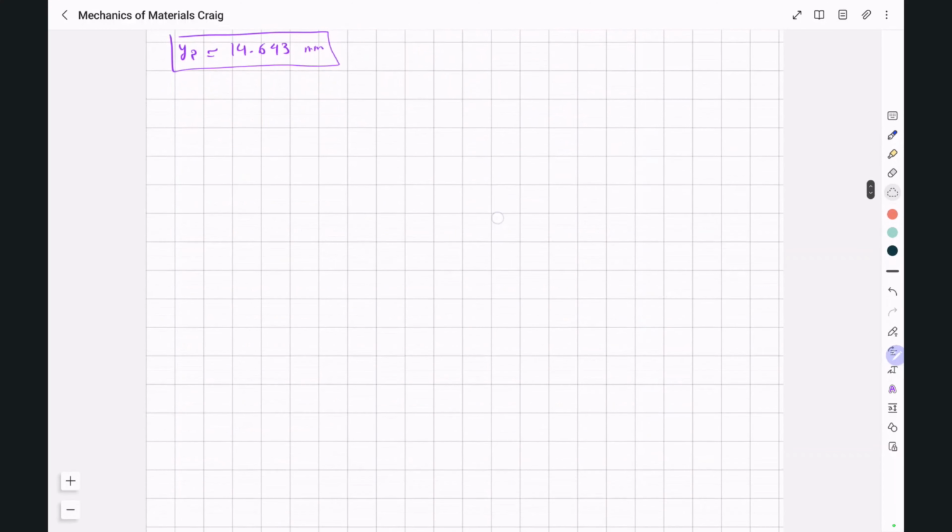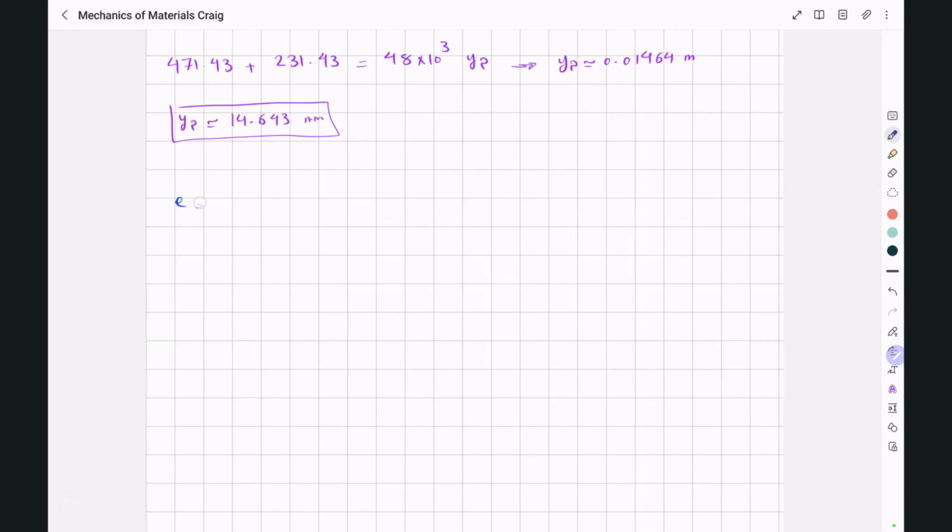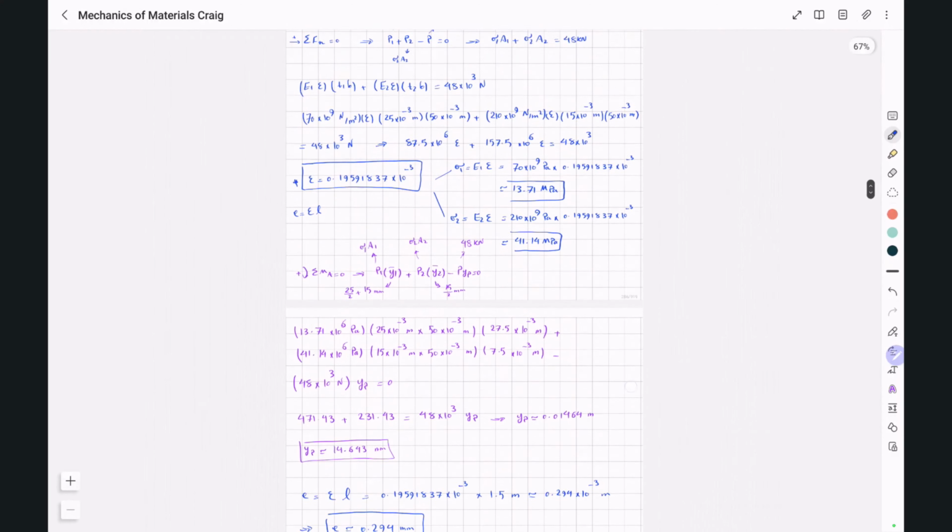So our E will be equal to epsilon L, or this value multiplied by 1.5 meters, which will be approximately equal to 0.294 multiplied by 10 to the power of negative 3 meters, or our E will be approximately equal to 0.294 millimeters.